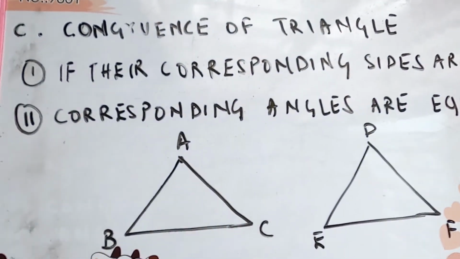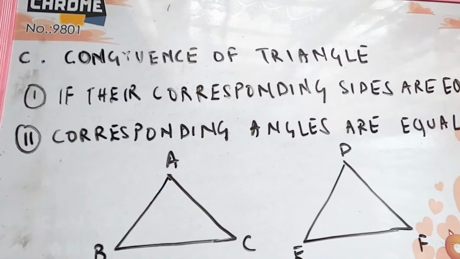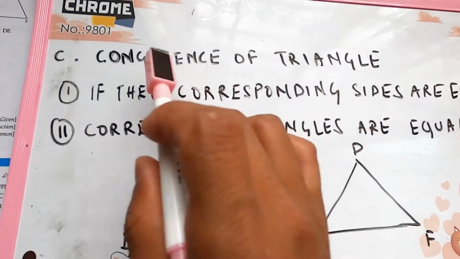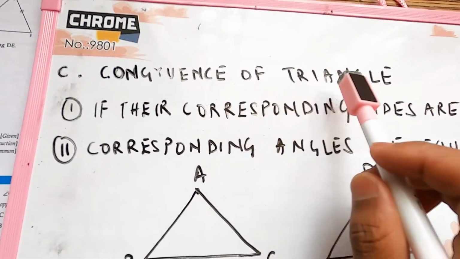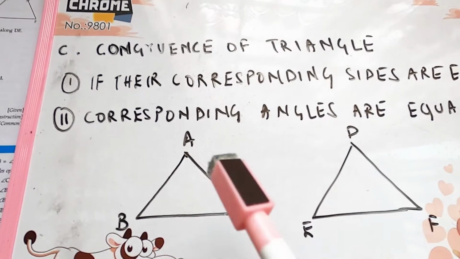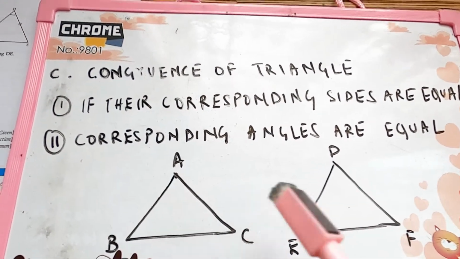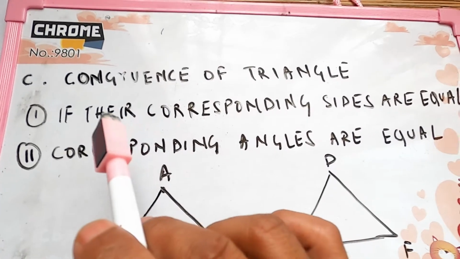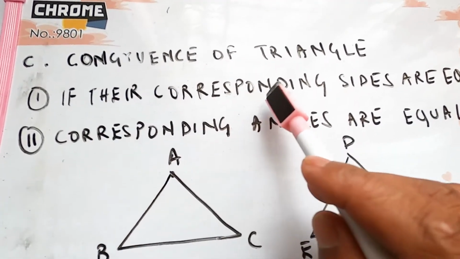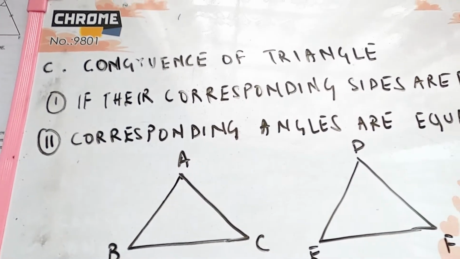Next we will come to congruence of triangles. How can we say that the two triangles are congruent? The first condition is if their corresponding sides are equal.